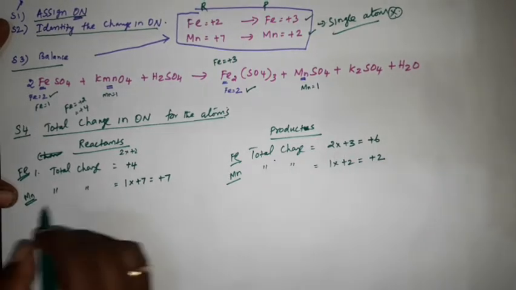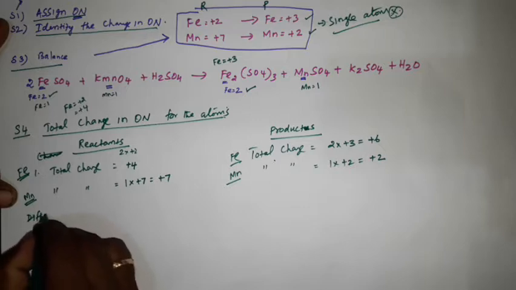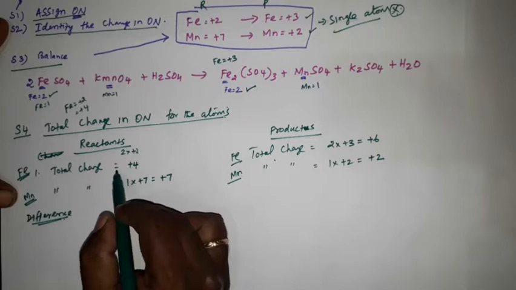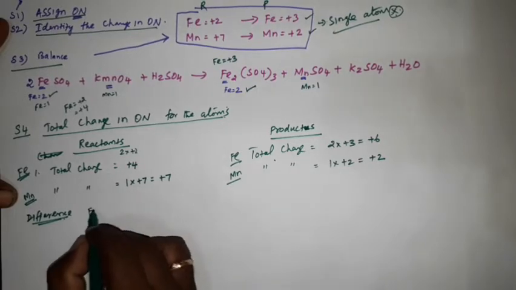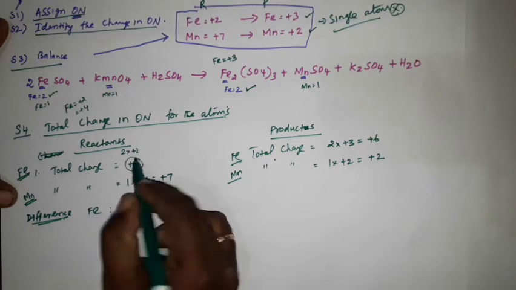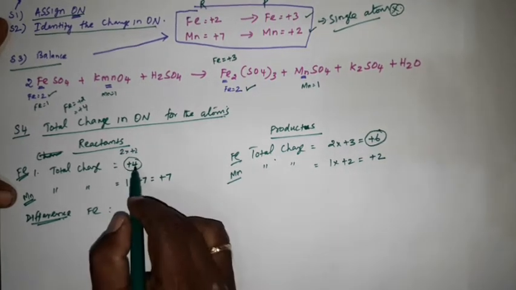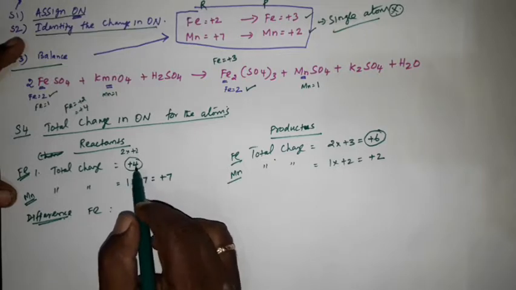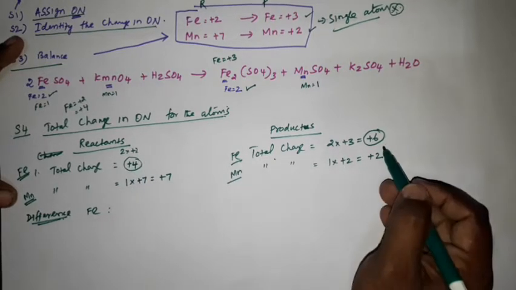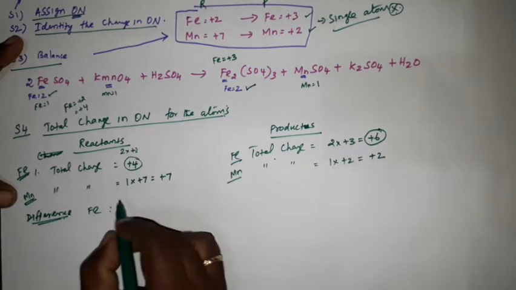Okay. Now see the difference. For iron Fe, here plus 4, then check here, this is plus 6. So the oxidation number changed from plus 4 to plus 6, so that is the increase in oxidation number. What is the difference?